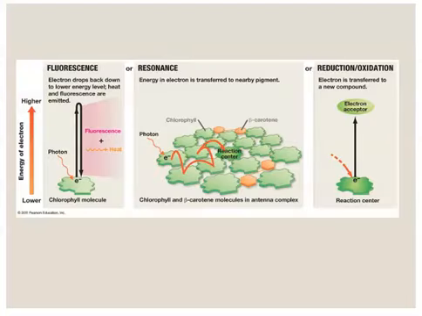On this slide, we can see some of the images we've seen before. We can see the fluorescence image. We can see the resonance image. And now we can see an oxidation reduction event occurring. So let's go through these again. On the left-hand side, we see a chlorophyll molecule that's absorbing a photon.